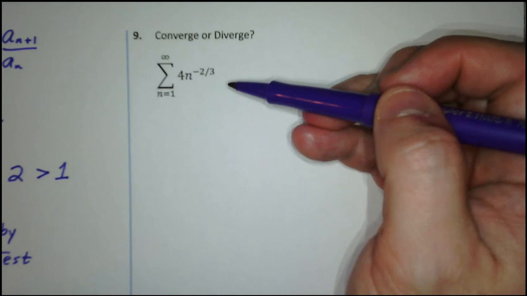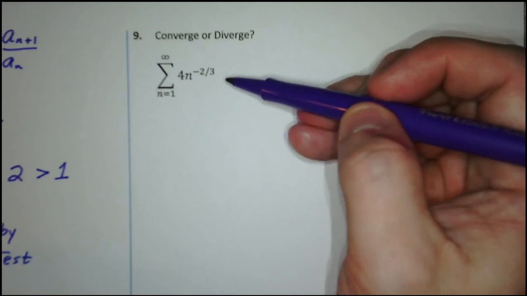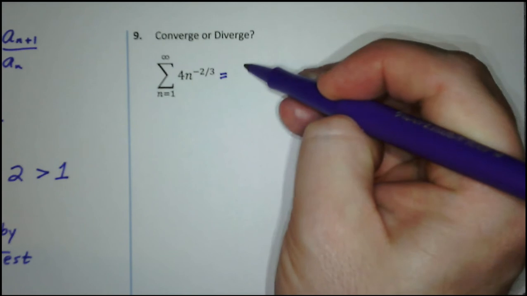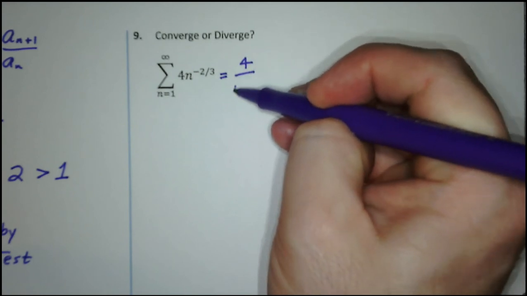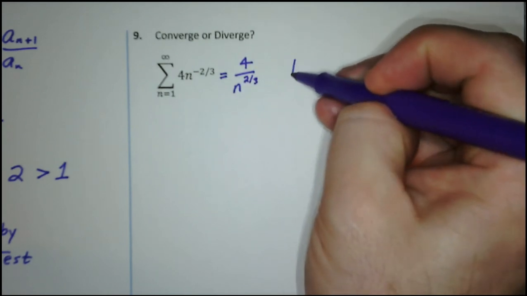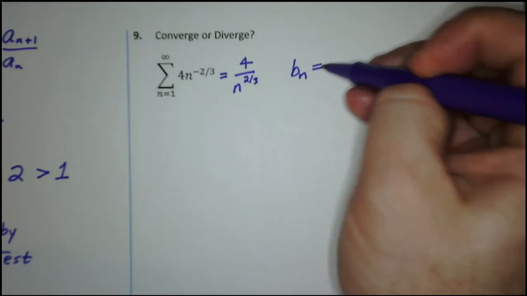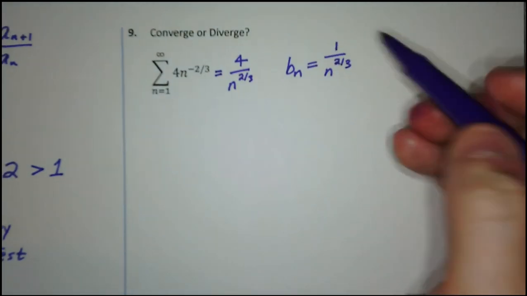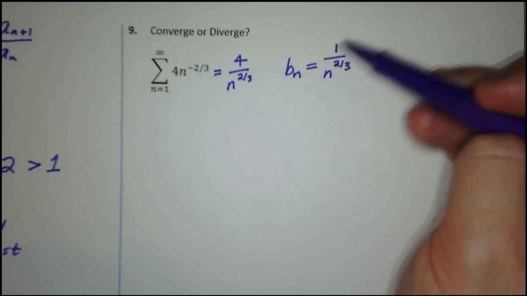Yeah, let's try a comparison test. So this is technically 4 over n to the 2/3. So let's compare this to just 1 over n to the 2/3, because this is just a p-series.